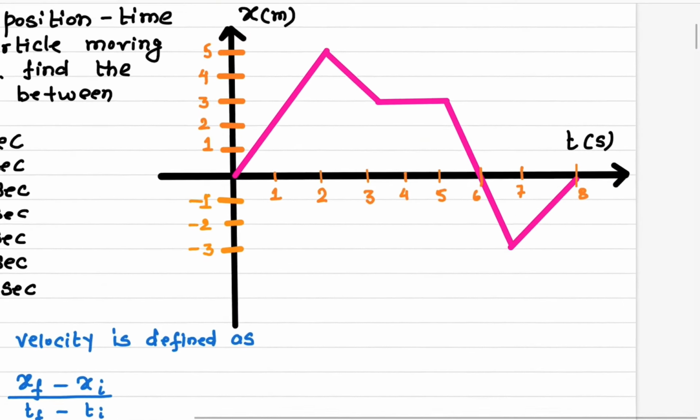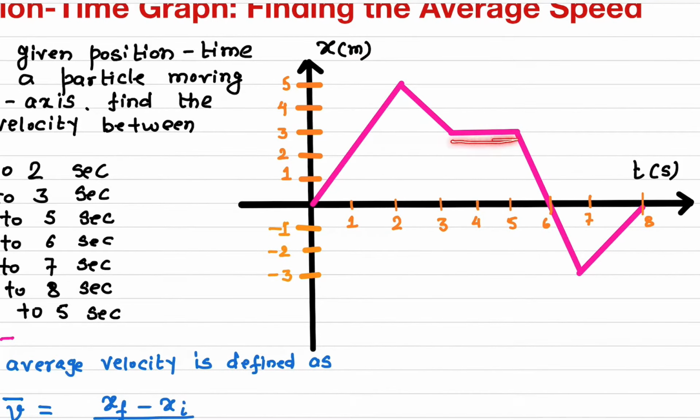Now let's calculate from 3 to 5 seconds, from this range here. At this point, the position of the particle is 3, and at 3 seconds the position is also 3. What does that mean?